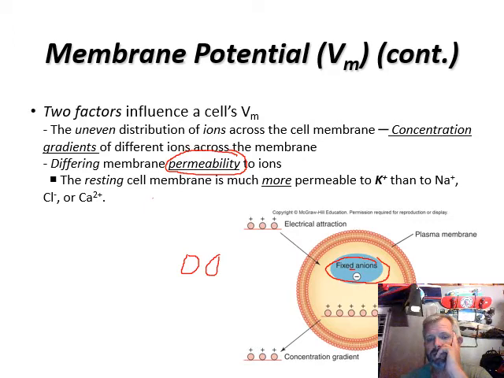So the resting cell membrane is more permeable to potassium than sodium. Say for every sodium leak channel, there's, say, 30 potassium leak channels. That means more potassium's leaving, taking its positive charge out, than positive charges moving in. So you can see how this helps maintain this negative environment.